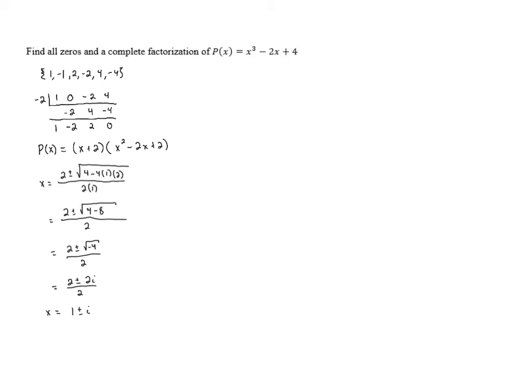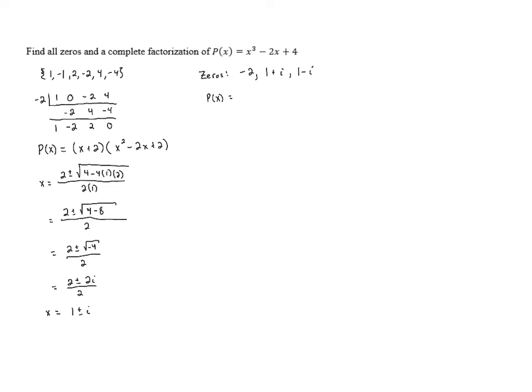So the zeros for this polynomial are going to end up being negative 2, and then 1 plus i, and then 1 minus i. Now, if we are going to have a factorization, each of these zeros is going to correspond to a factor.